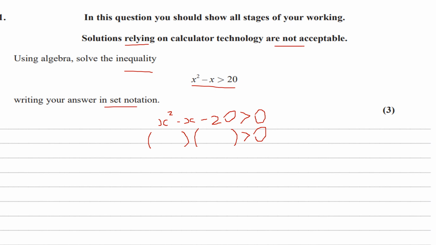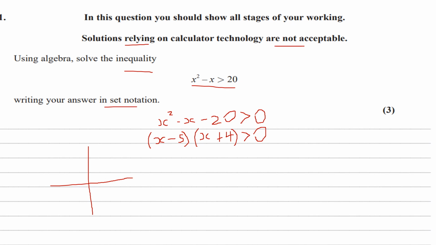Now factorizing this, hopefully you're happy that it's x minus 5 and x plus 4, or x plus 4, x minus 5. Doesn't really matter which way around you write it. Now the solutions to this quadratic: it crosses the x-axis at 5 and minus 4. If you set this bracket equal to 0, that's where it crosses on the x-axis.